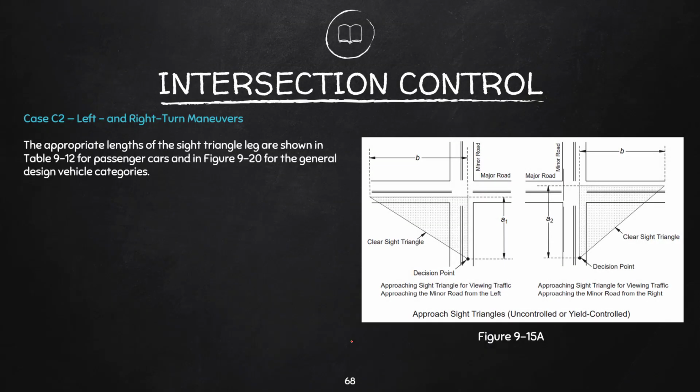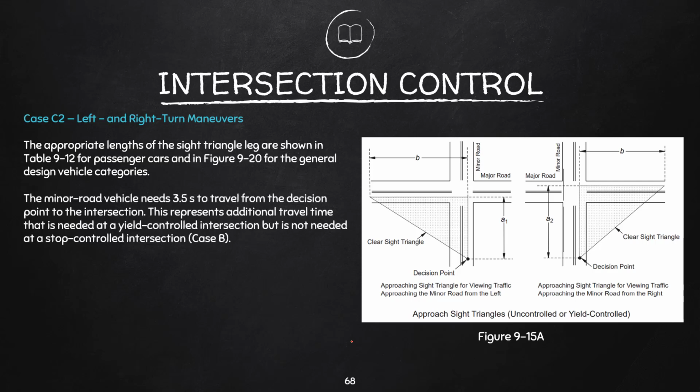The appropriate lengths of the side triangle leg are shown in table 9-12 for passenger cars and figure 9-20 for general design vehicle categories. A minor road vehicle needs 3.5 seconds to travel from the decision point to the intersection. This represents additional travel time that is needed at a yield-controlled intersection but is not needed at a stop-controlled intersection.